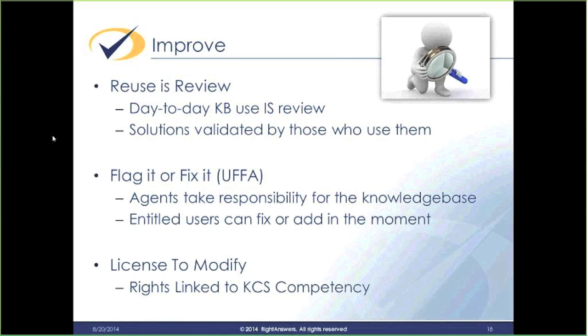And all of this is tied to a license that you would have, right? And so there's a license to modify. Within KCS, you'll develop processes where you have people who are assigned certain levels of rights, and you actually coach them and have them be more competent in KCS, so that as they learn more, you give them more privileges, and the knowledge base starts to manage itself for the most part. We borrow some of the extra added time to do more, and that's part of what we'll talk about in the Evolve Loop section.